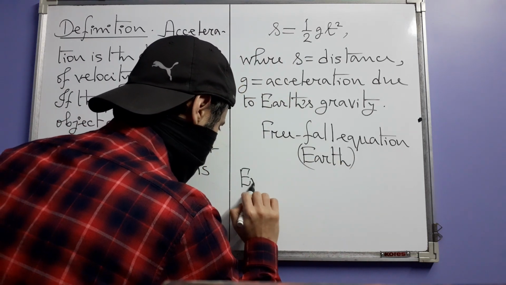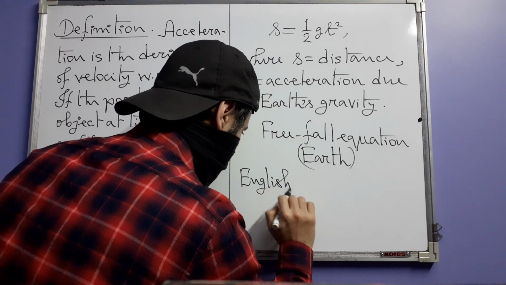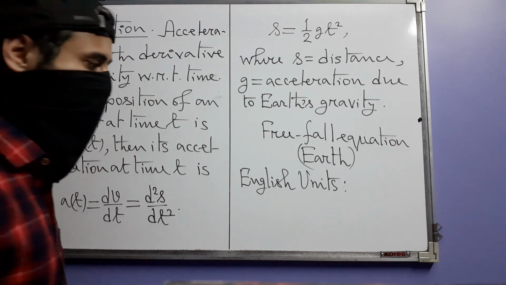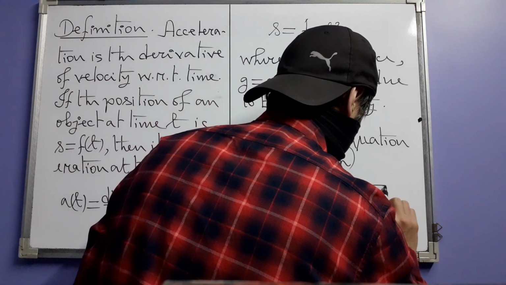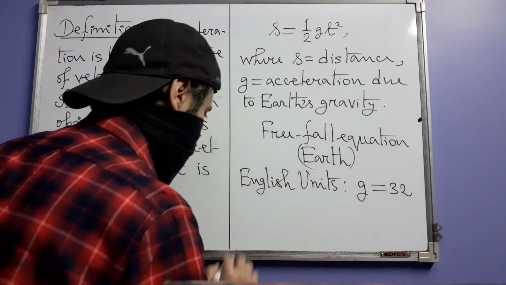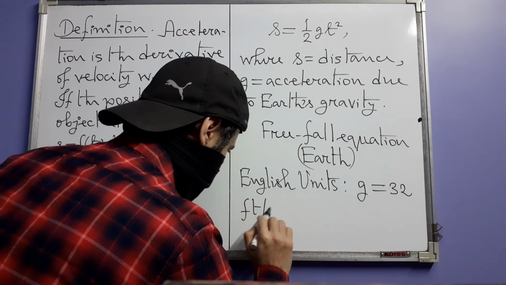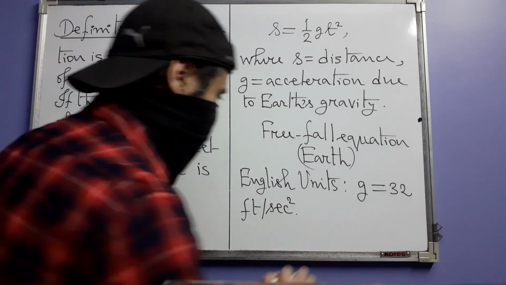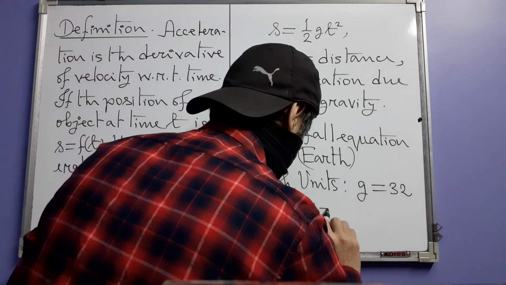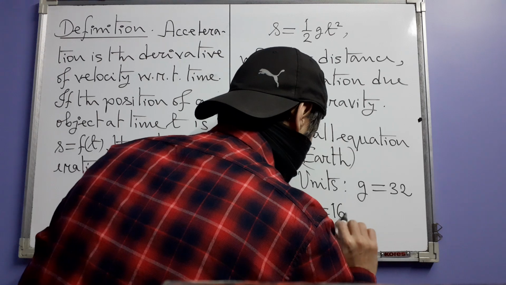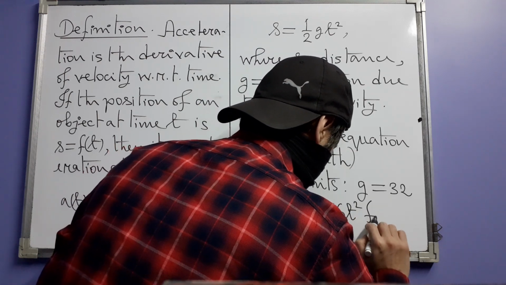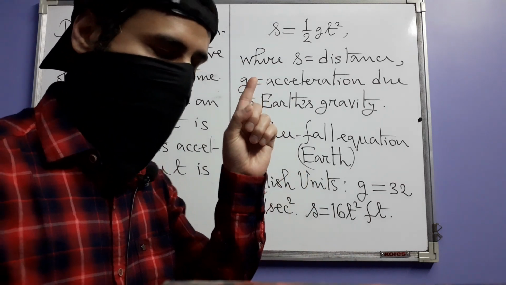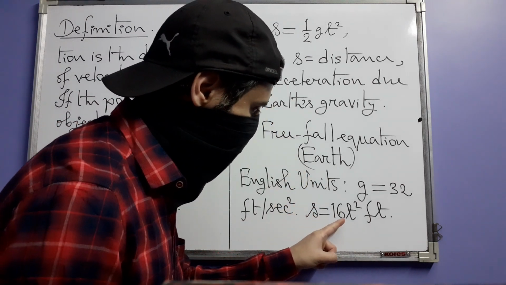First we have English units, in which the value of g is 32 feet per second squared, and based on this value the free fall equation looks like this: 16 t squared feet.